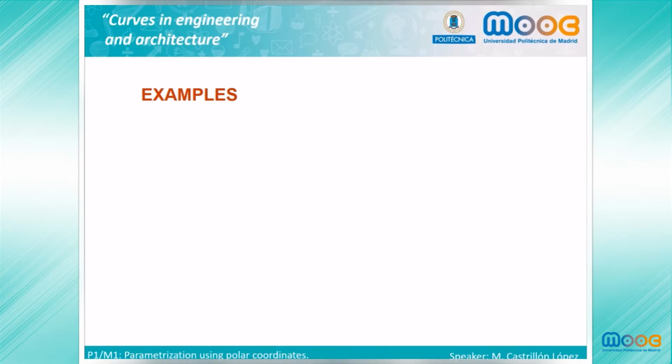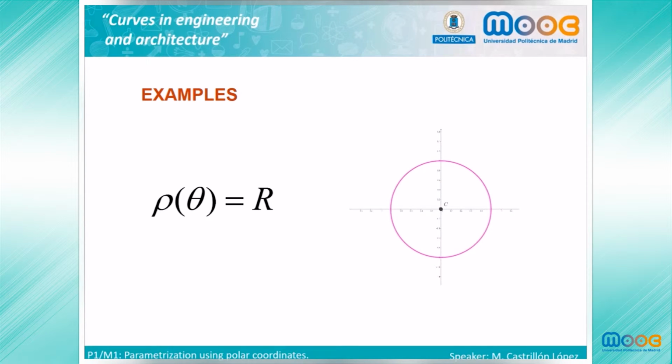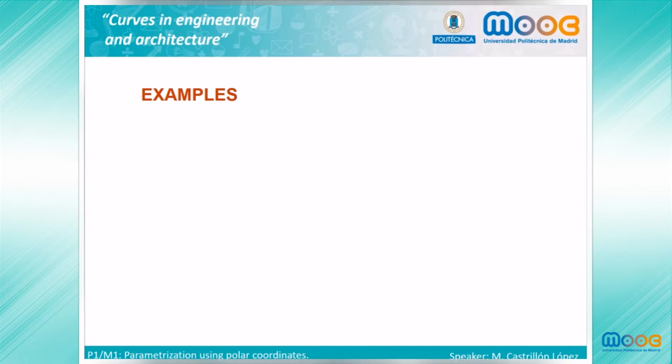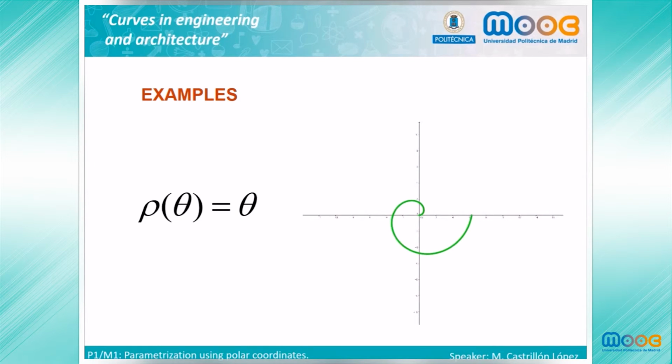We now see some examples. The simplest one is ρ of theta equals a constant, and it's not difficult to see that the trace of that curve is a circle. Actually, the radius of that circle is the constant r. Another simple function is ρ of theta equals theta. If theta goes from 0 to 2 pi, one recovers a piece of a spiral.